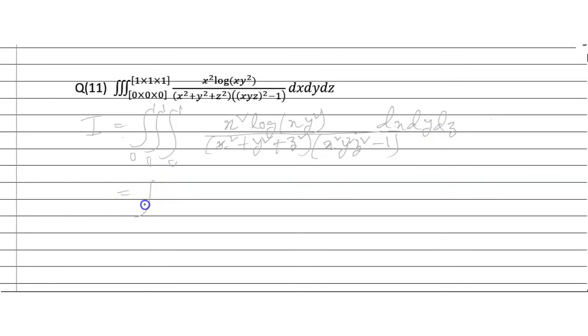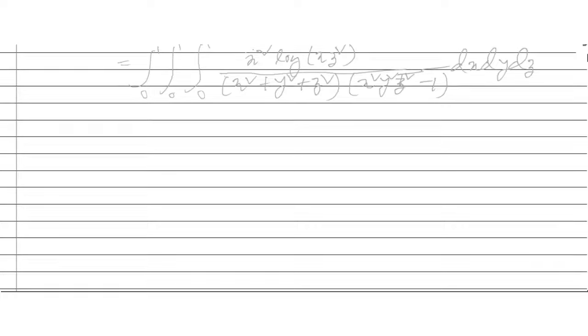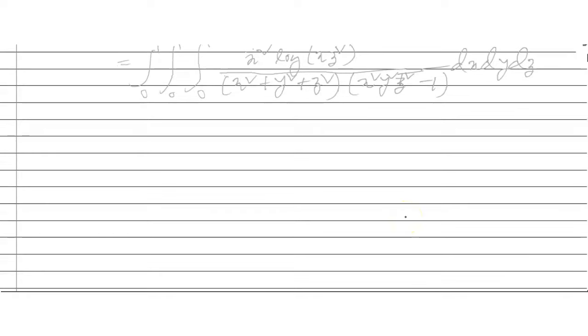Using symmetry, dx, dy, dz, this is I. It can be written this way: 0 to 1, 0 to 1 and 0 to 1, x square log x square z square, over (x square plus y square plus z square) into (x square y square z square minus 1) dx dy dz.